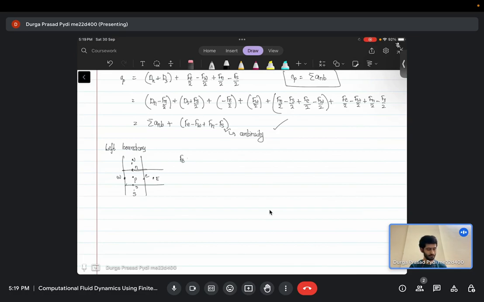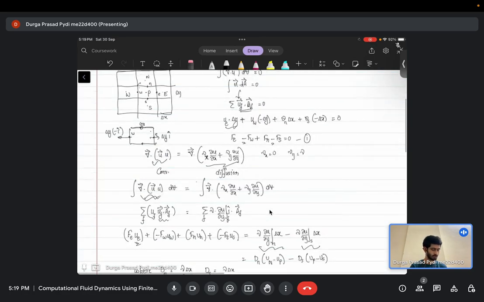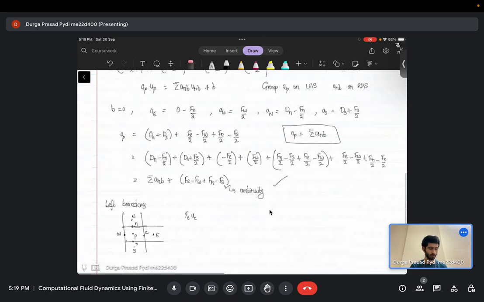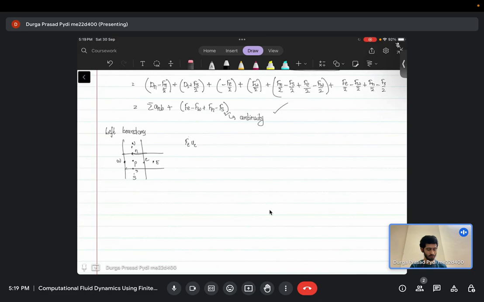So we have F east. Though I am writing the equations in this particular form, you might have observed that F itself is a function of u, which is an unknown. So what we do is we start with an initial guess and use that initial guess to populate all these Fe values and then determine u, and then keep on iterating that. That is something we will do later in SIMPLE. For now, just assume that this is based on some previous iteration value.